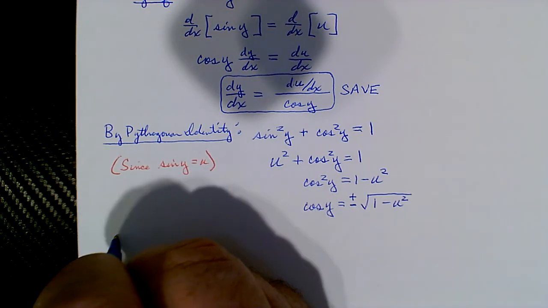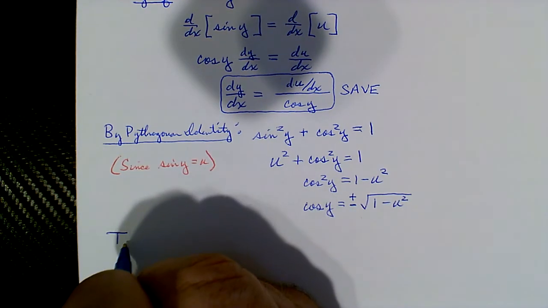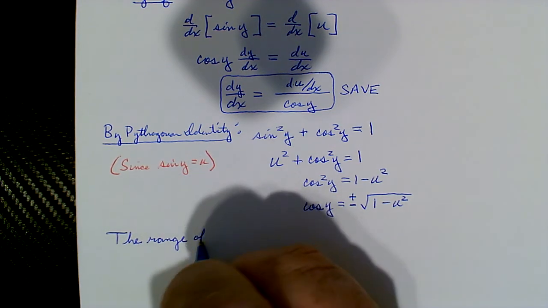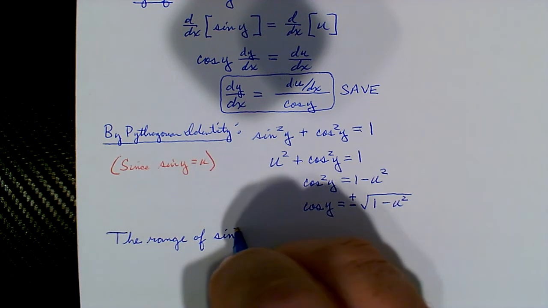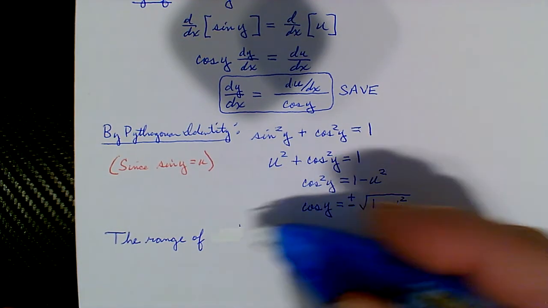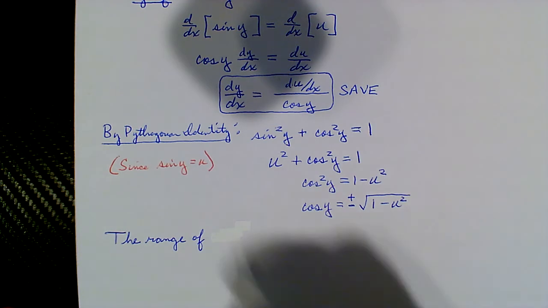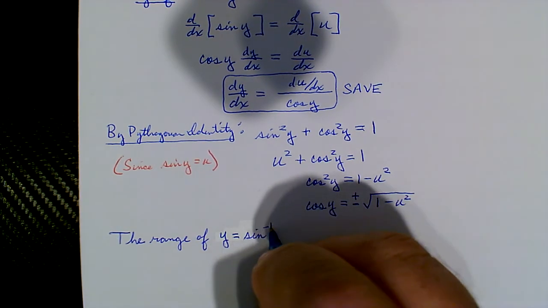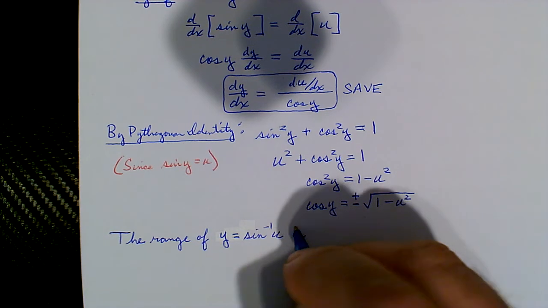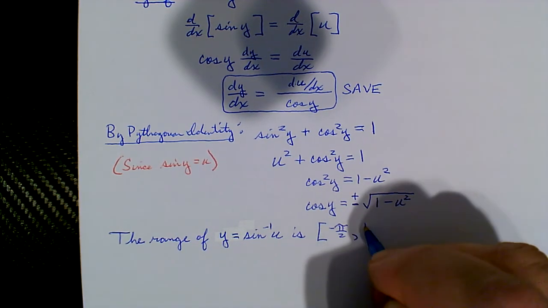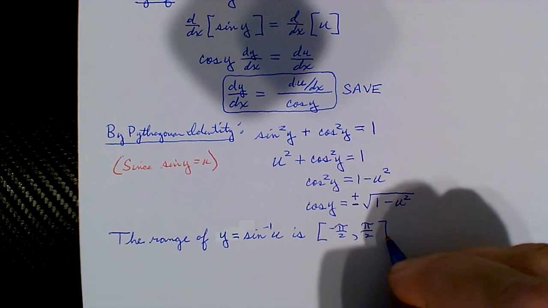We'll say that the range of the inverse of, let's even go so far as to state it this way, the range of y, which equals the inverse sine of u, is from negative pi over 2 to pi over 2.